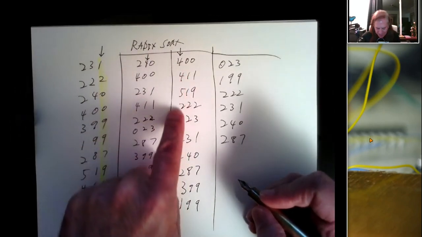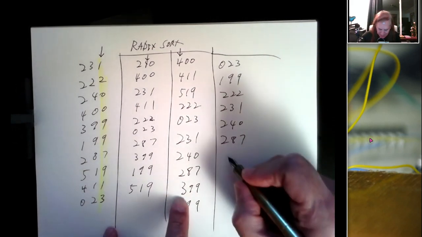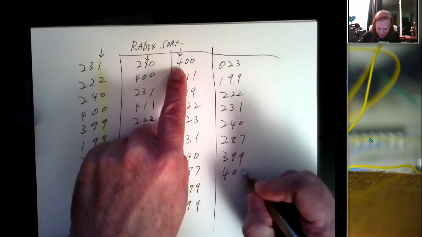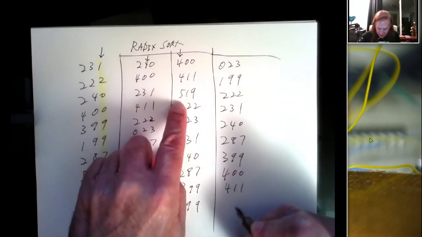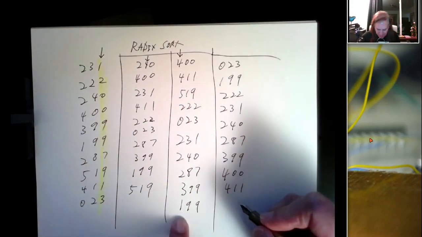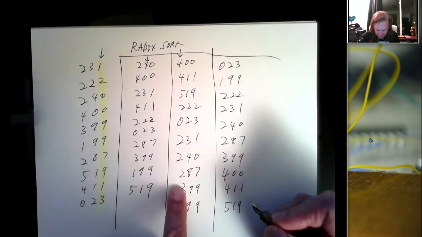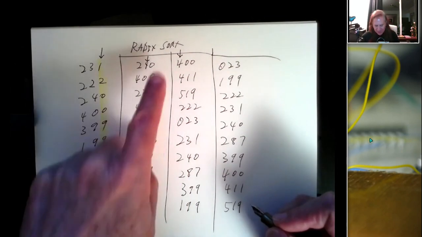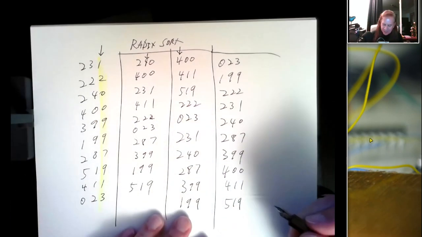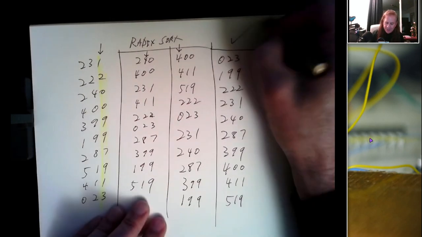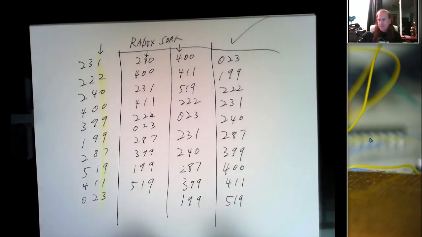Anything with a 3 in the first position, there's a 399. Anything with a 4, there's a 400, 411. Anything with a 5, there's a 519. And anything with a 6, 7, 8, or 9, there isn't anything in there. So here's our final set of 10 numbers. And guess what? It's perfectly sorted.